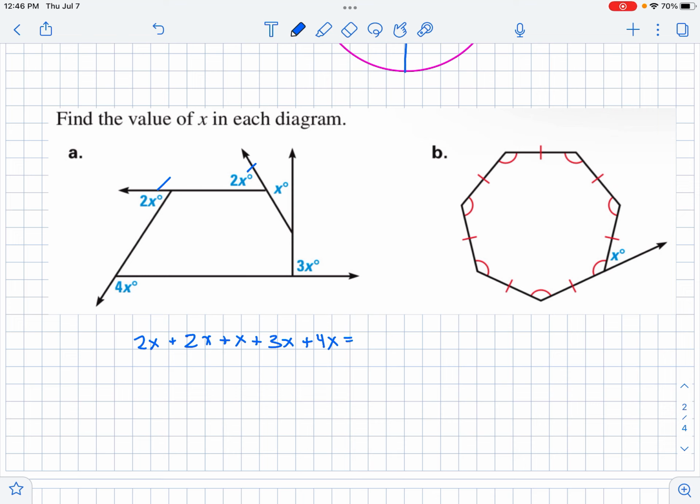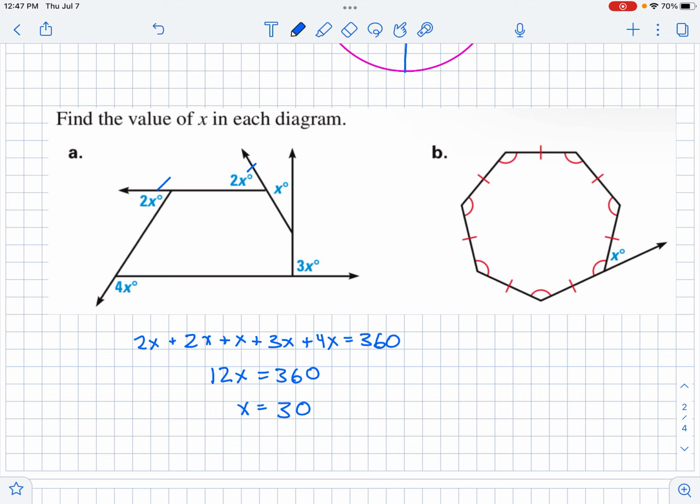And we know that this has to equal 360 degrees. I'll just put 360, leaving off the degrees. That looks like it's going to be 12x equals 360. If we do a quick adding up there and then divide by 12, we get x equals 30. Yeah, that's it. So x equals 30. But the key idea there was that the sum of those exterior angles adds up to 360.